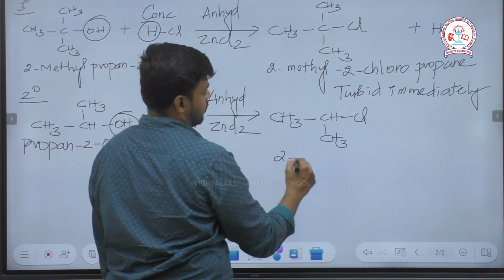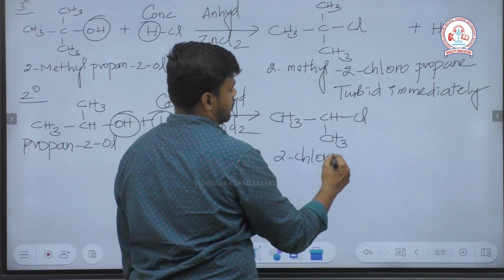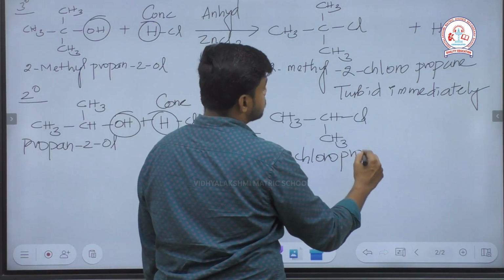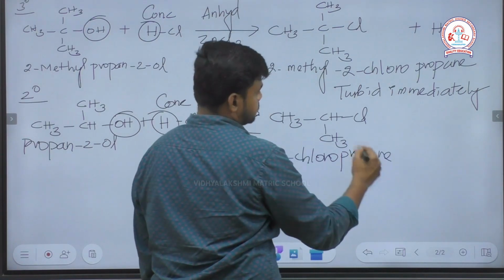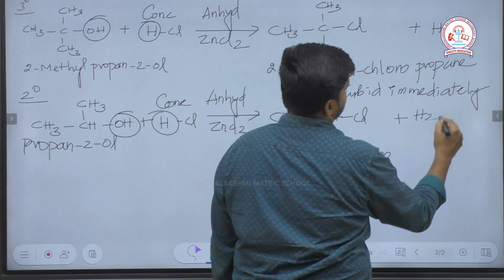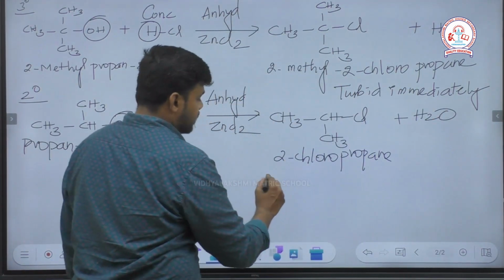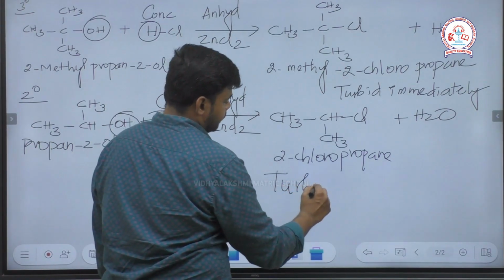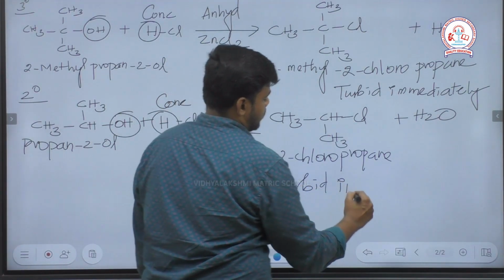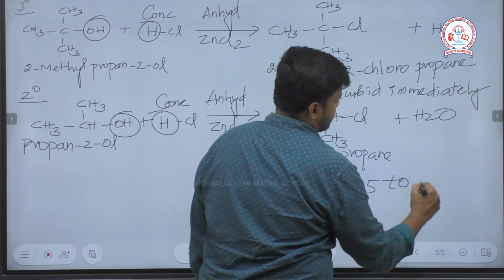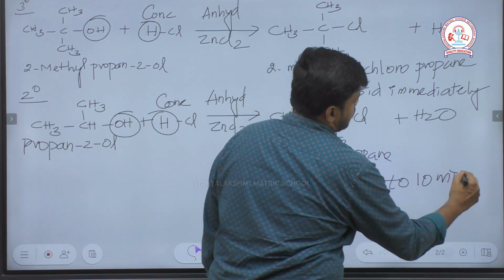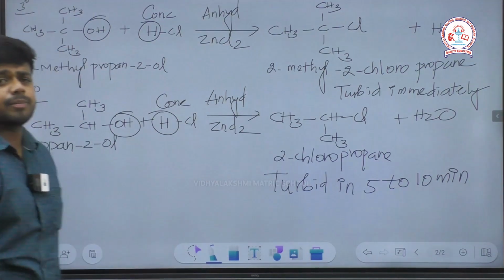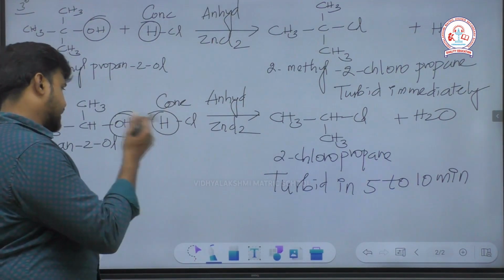So 2-chloropropane. H2O is a byproduct. So you will get turbidity in 5 to 10 minutes. If you get turbidity in 5 to 10 minutes, it means that it's a secondary alcohol.